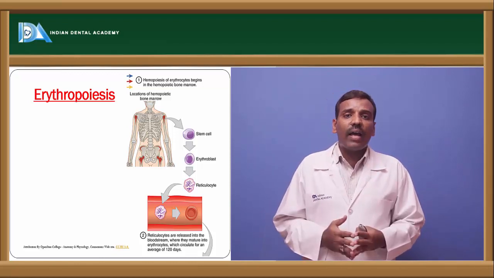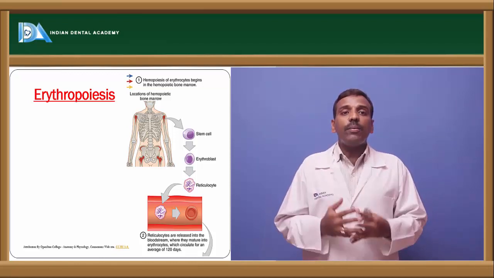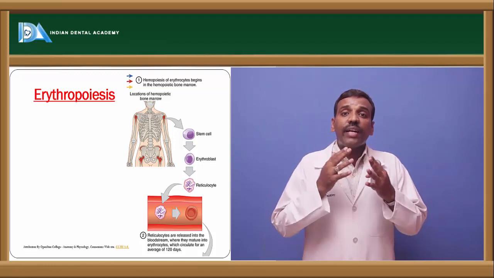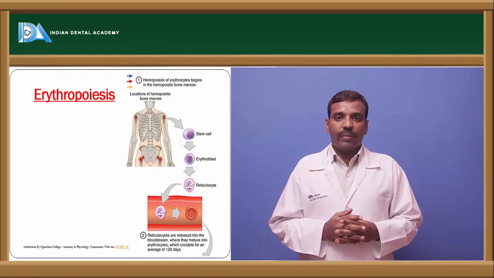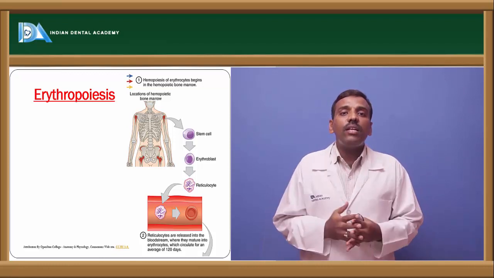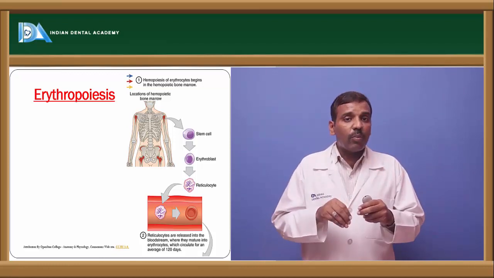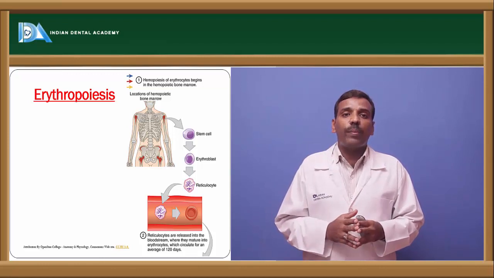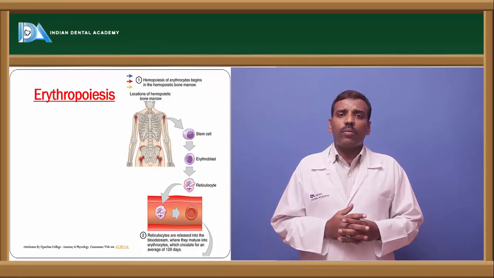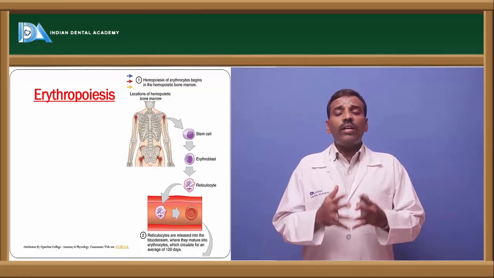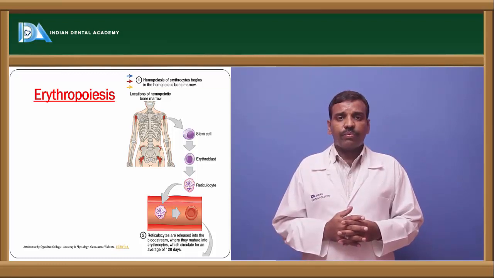This early normoblast gives the intermediate normoblast, and at the intermediate normoblast level there is appearance of the hemoglobin. The size of the intermediate normoblast is about 12 to 14 microns.